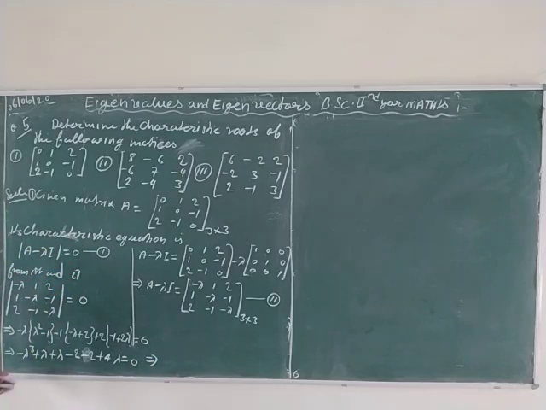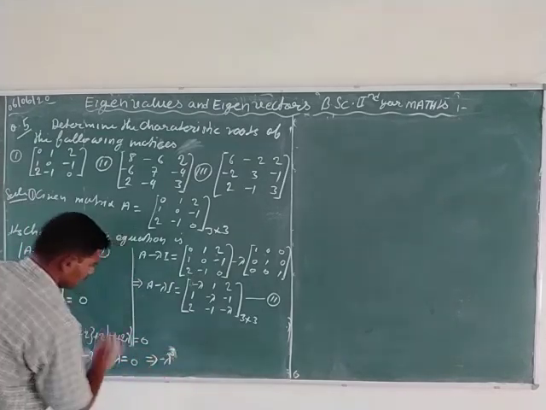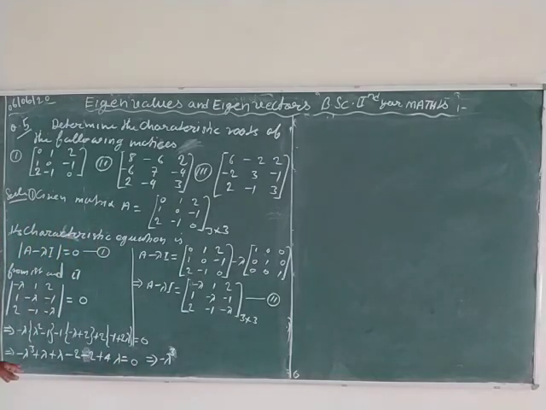Simplify this. Taking lambda cube, there is only one, so write minus lambda cube. There is no lambda square value, so write lambda plus lambda, 2 lambda, and 4, 6 lambda.